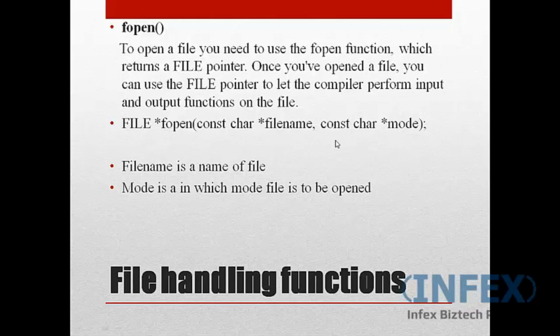The fopen function prototype is like this. It returns a file pointer, the function name is fopen, and it accepts two parameters. The first parameter is the file name, which is the name of the file, and the second parameter is the mode, in which mode we want to open a file. It is defined by the mode parameter.